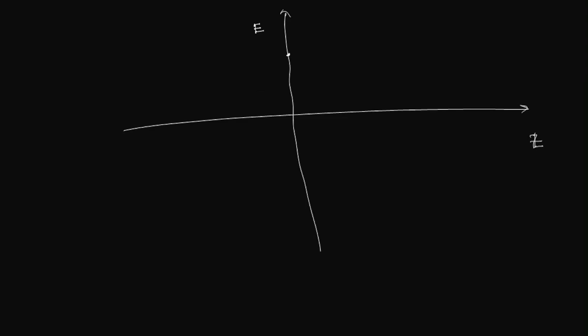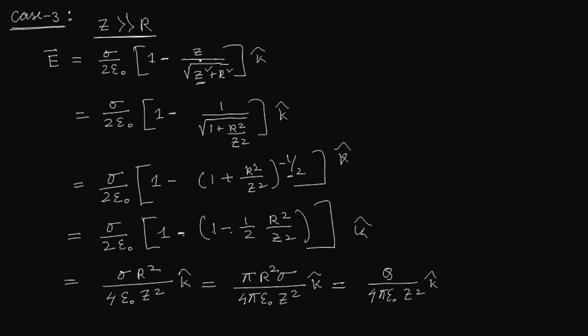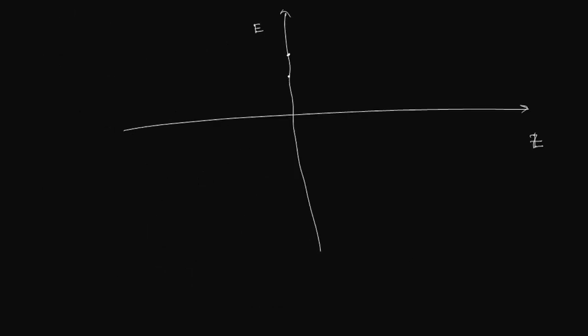Then as we increase the value of z, the z divided by z square term will start to increase, and because of that this term will start to decrease, and at a large distance the electric field drops like 1 by z square. So the electric field variation will be like this.